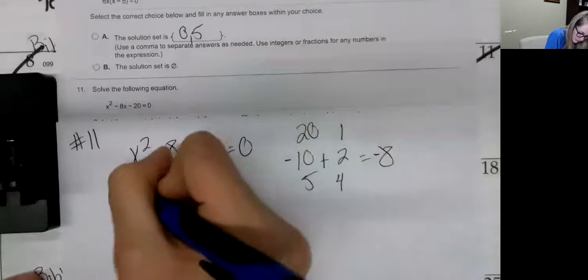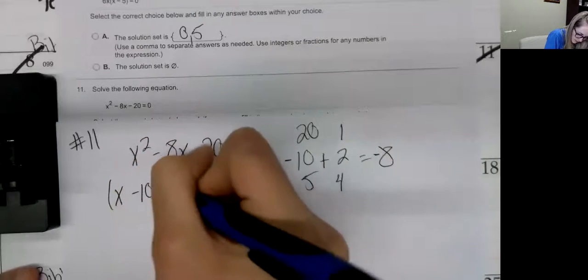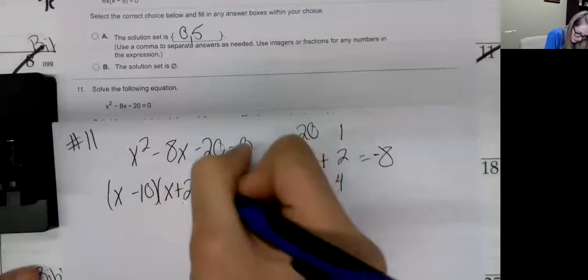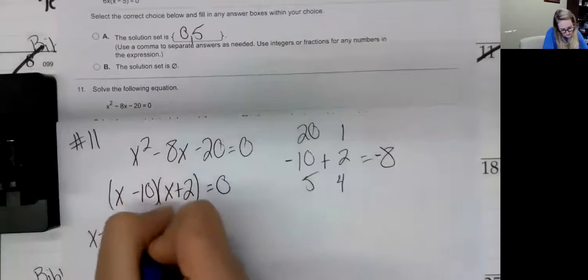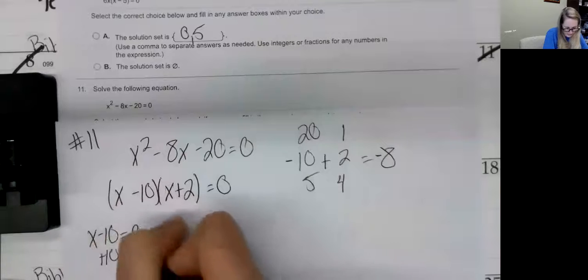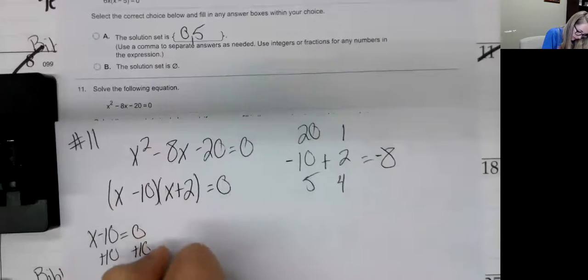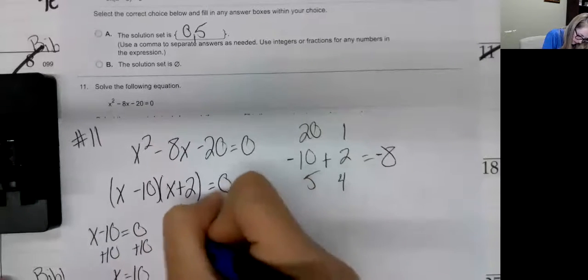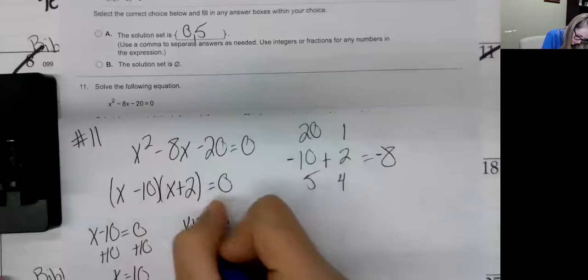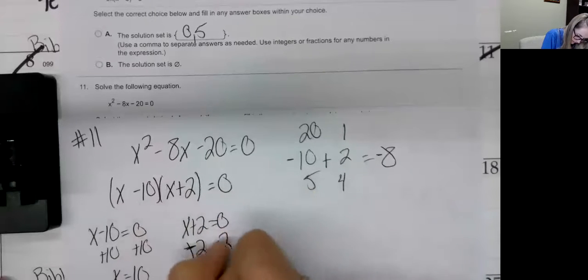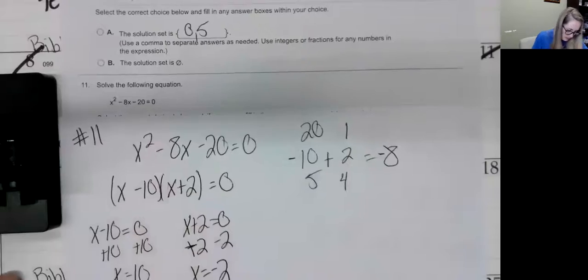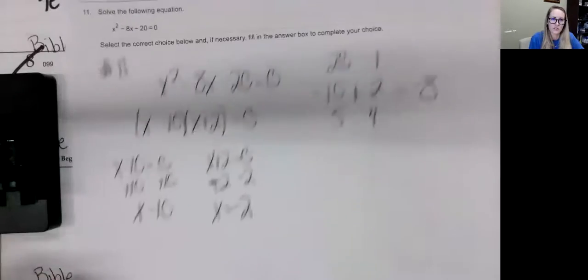So x subtract 10 times x plus 2. Then x subtract 10 equals 0. When I add that 10, I get x equals 10. Then x plus 2 equals 0, so when I subtract this 2, I get x equals negative 2. So 10 and negative 2 are my answers.